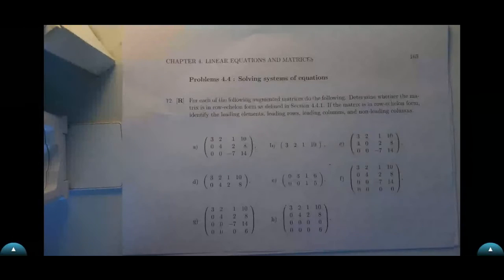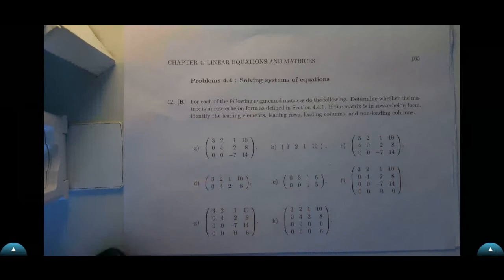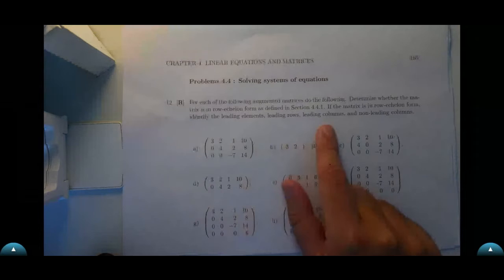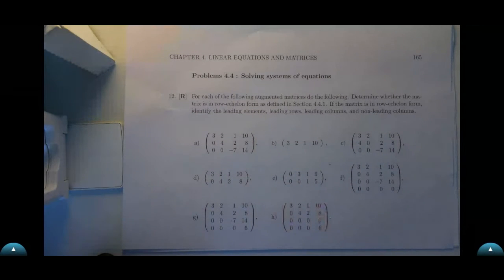Okay, so I'm hoping this is going to be relevant for you. I know when I have talked about some of these problems before in other tutorials, people weren't quite up to date on leading rows, leading columns, non-leading columns, leading elements, these sorts of things.